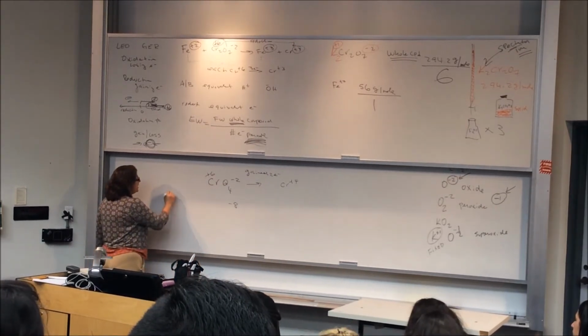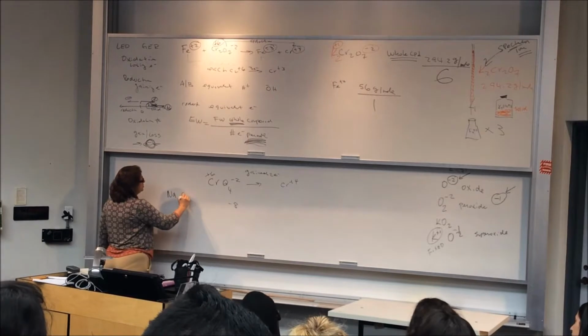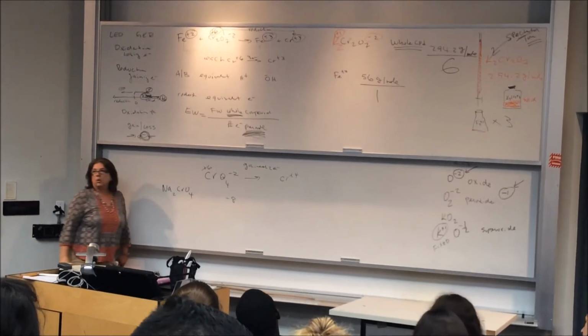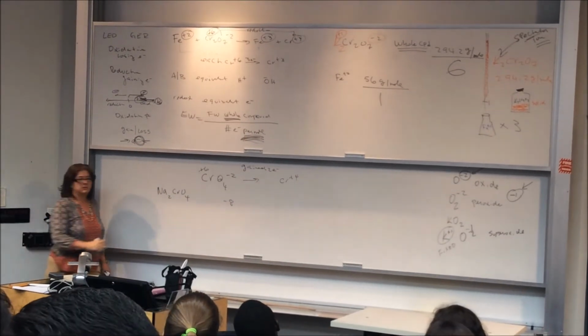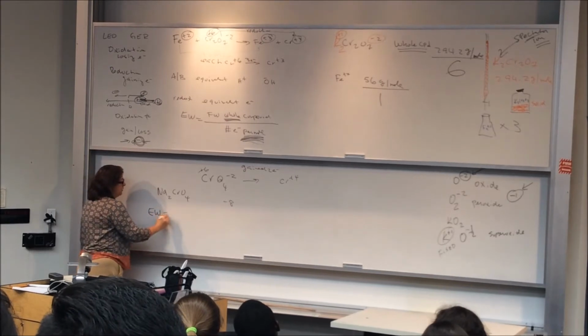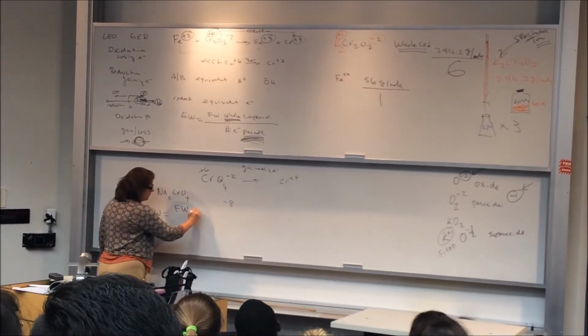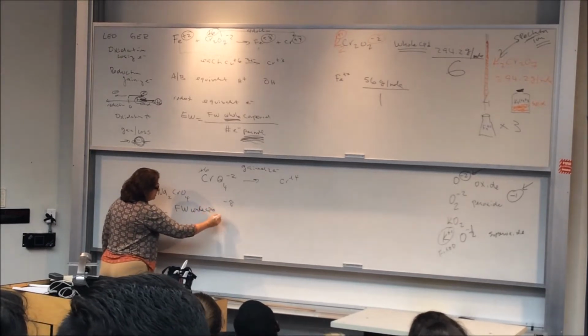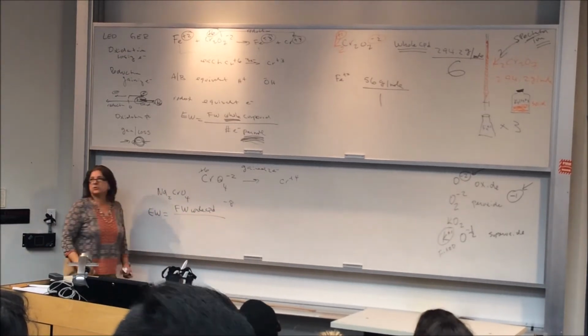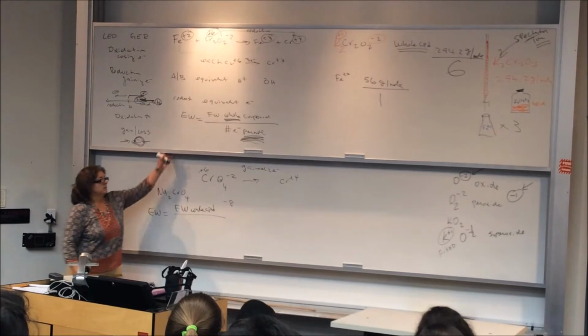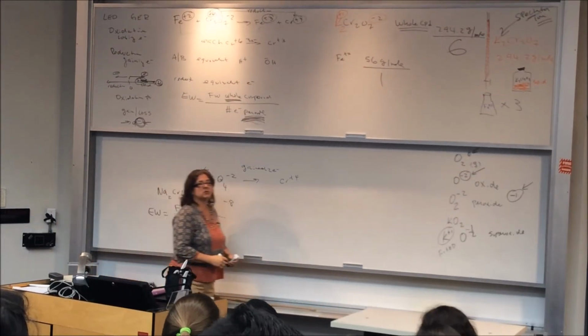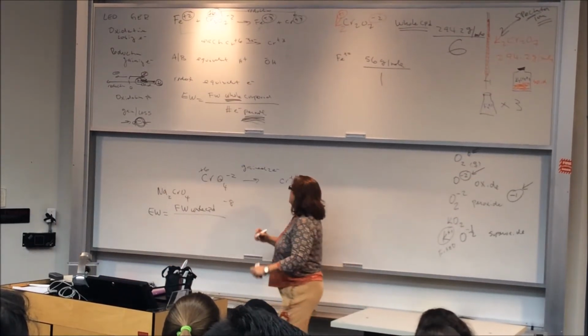So tell me something. If the entire reagent was Na2CrO4, what would the equivalent weight be? The equivalent weight would be the formula weight for the whole compound divided by how many electrons? How many electrons were involved in this transaction? 2.